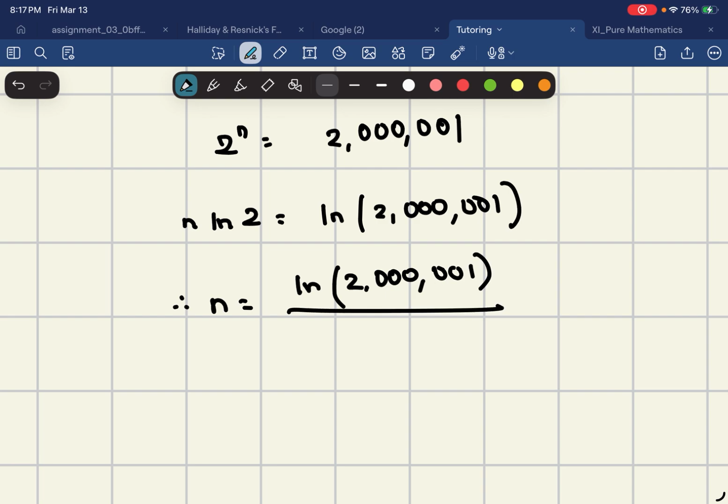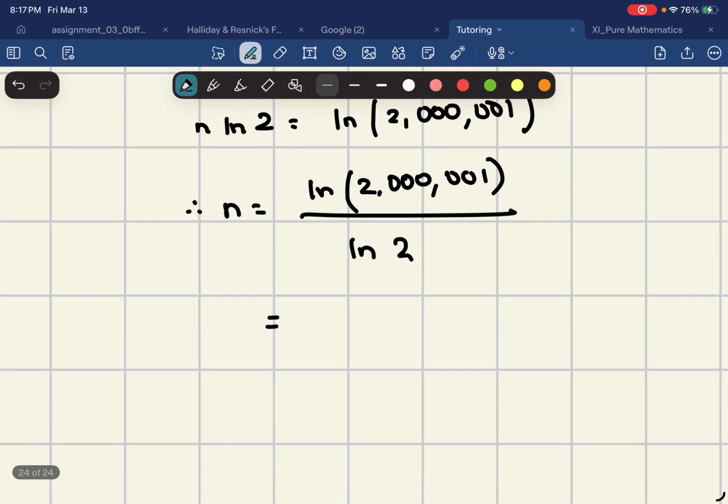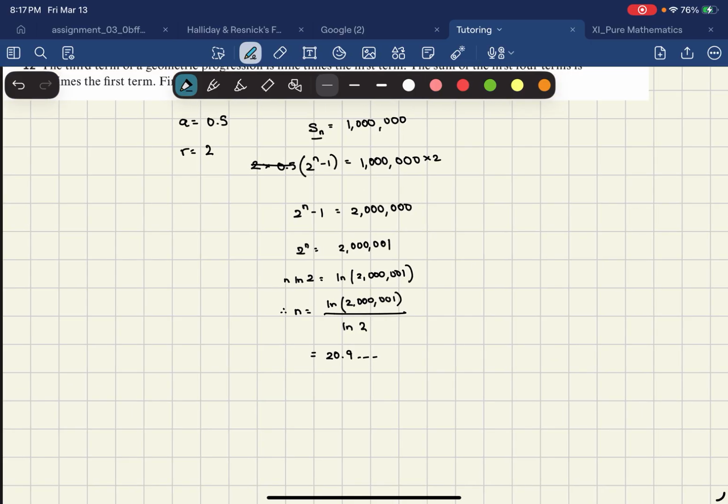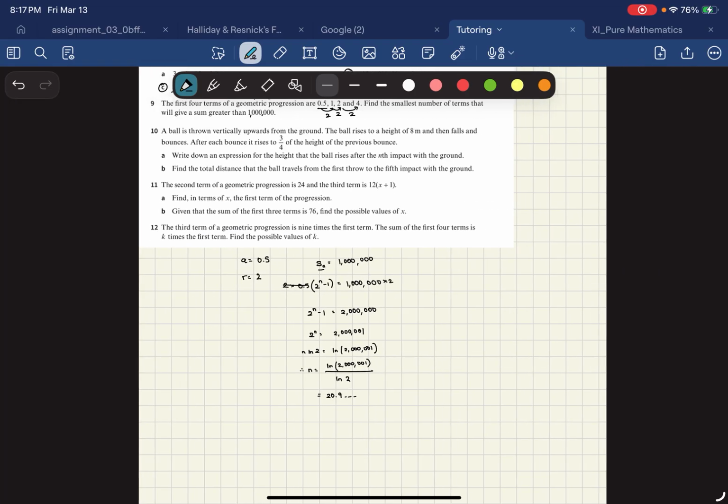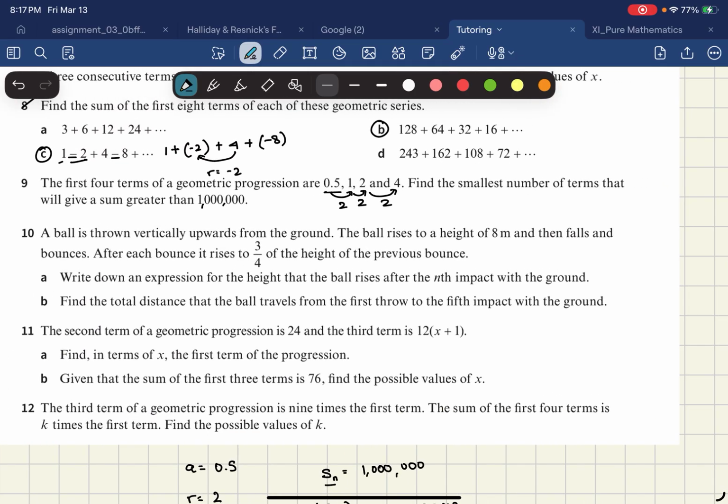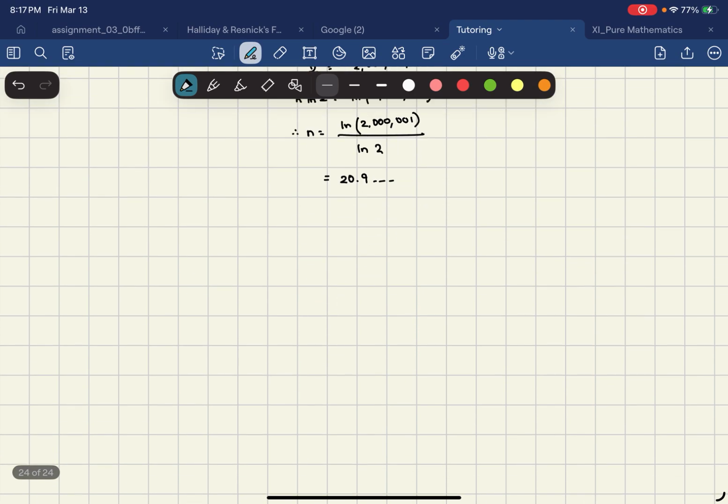So I call the natural log ln, but you are free to call it however you want. That is 20.9 something.